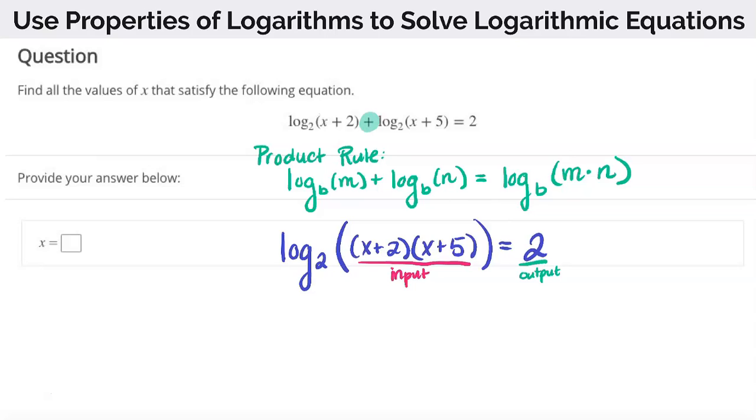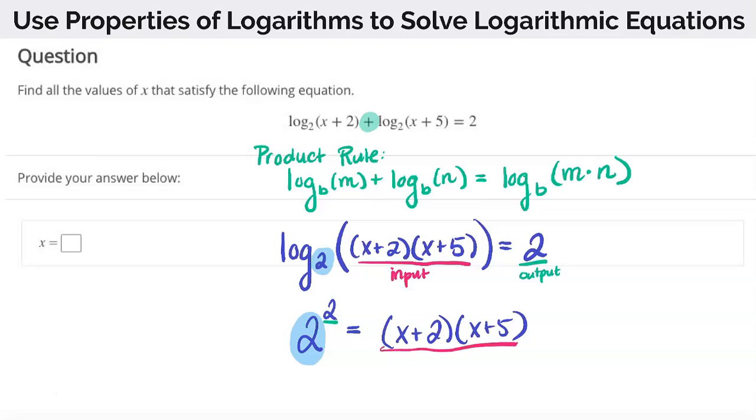And then remember, we just have to make sure to keep the same base. So what this is going to look like, it will become the equation 2 to the second power equals x plus 2 times x plus 5, right? So again, we kept our same base. That output became our input into the exponential, and the input of the log became the output of the exponential, right?